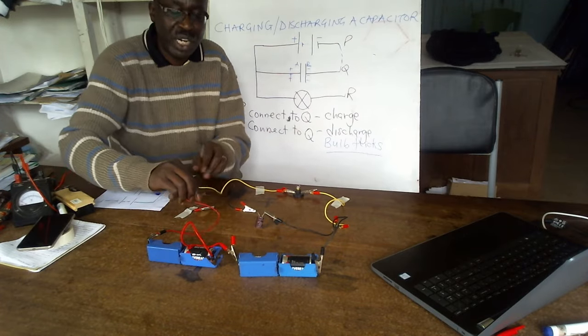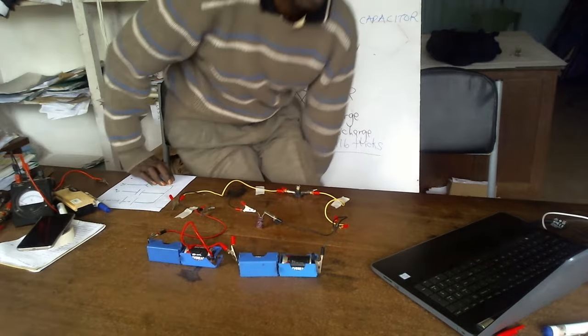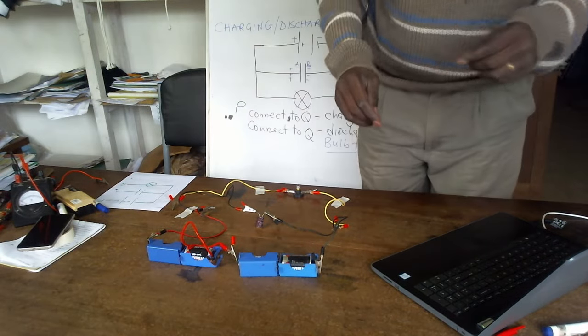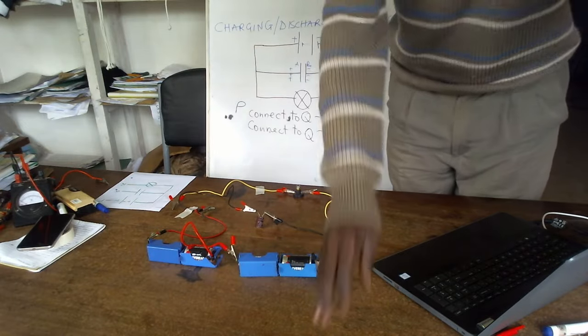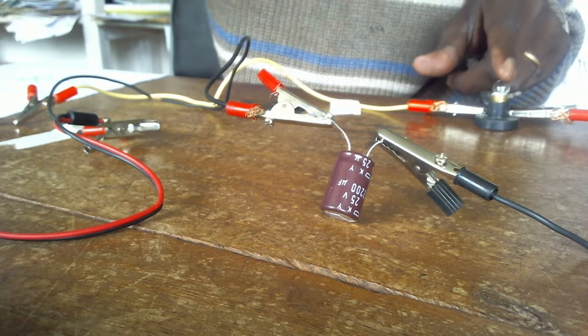I can put the camera near so that you see it better. Let us focus our camera just here on this. I hope you'll be able to see now, because my concentration is the bulb.